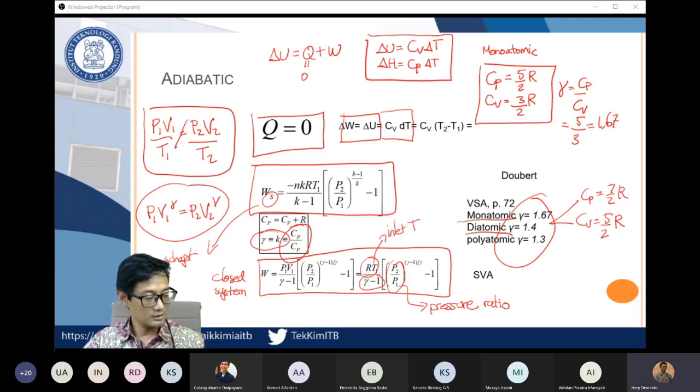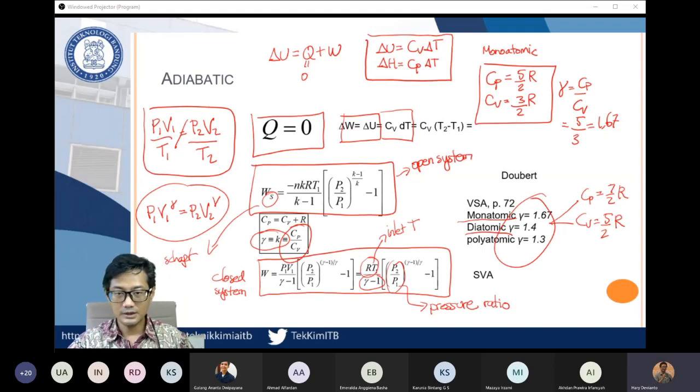This formula is normally used for an open system. The bottom one is for a closed system and the upper one is for an open system. Try to check in detail. What is the difference between work for an open system and work for a closed system?